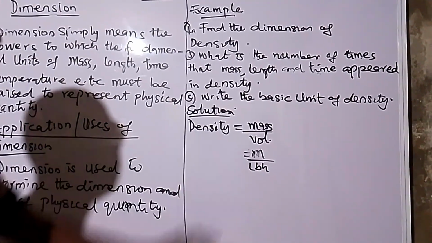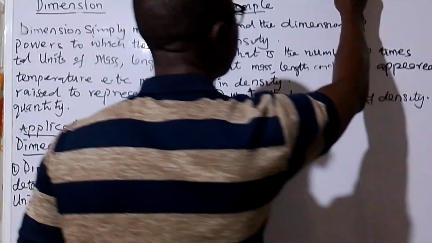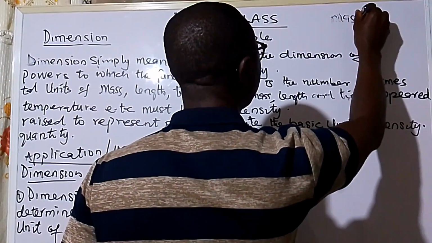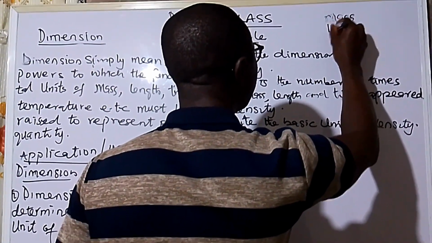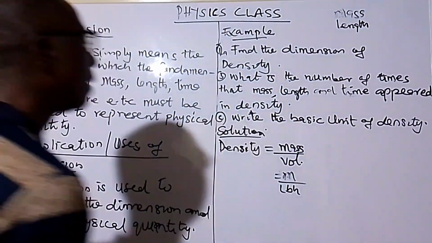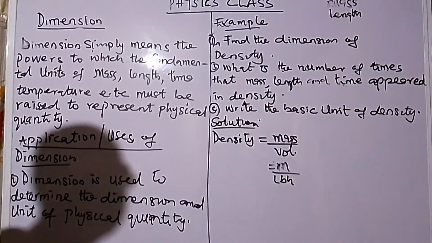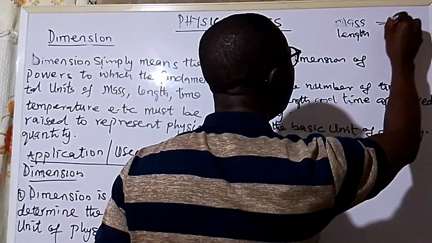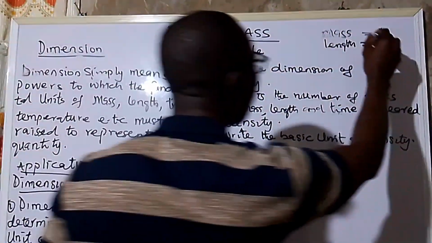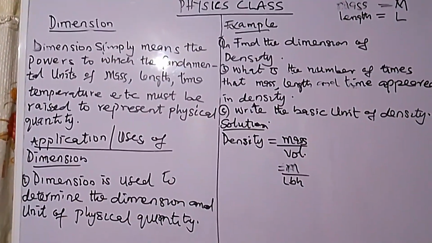The fundamental quantities involved here are only mass and length. What is the dimension of mass? The dimension of mass is capital M. That of length is capital L.